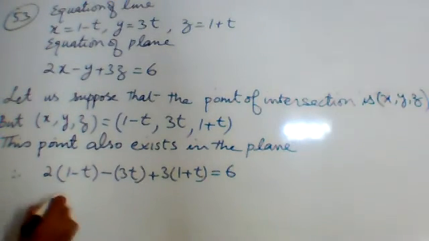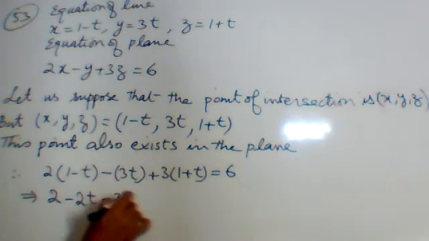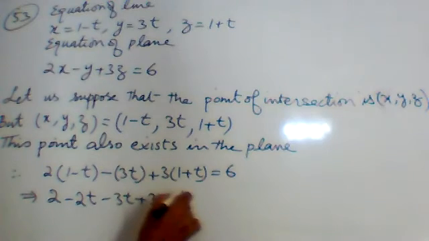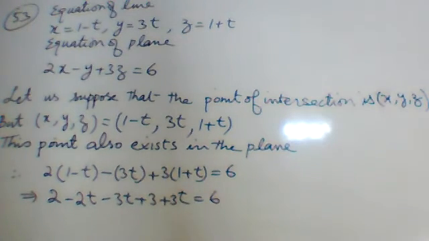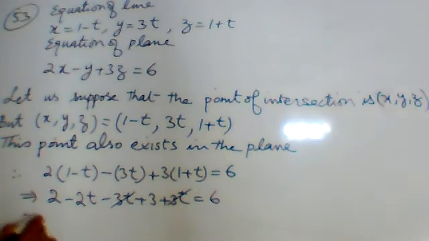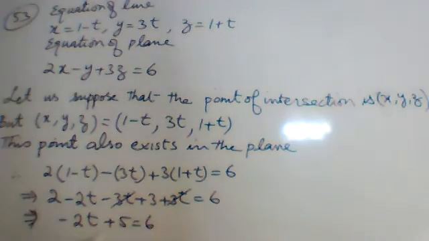Open it. 2 minus 2t minus 3t plus 3 plus 3t equal to 6. Minus 3t plus 3t cancel. It will become minus 2t. 2 plus 3 will be 5, equal to 6. Shift 5 on the other side.